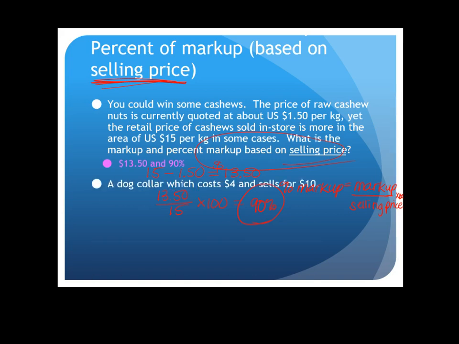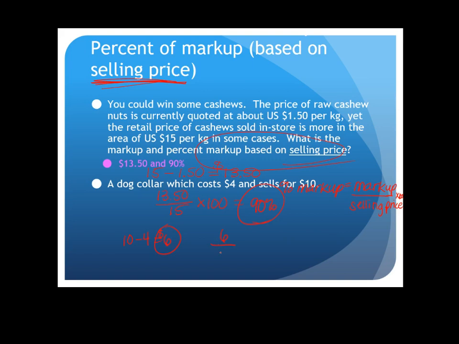Okay, let's do another one. A dog collar which costs $4 and sells for $10. So for the markup, I'll just do 10 minus 4. That's $6. And since I want the percent, I'm going to take $6 and divide it by whatever it's based on, which is the selling price. Based on cost, I'll divide by cost. If it's based on selling price, I'll divide by selling price.